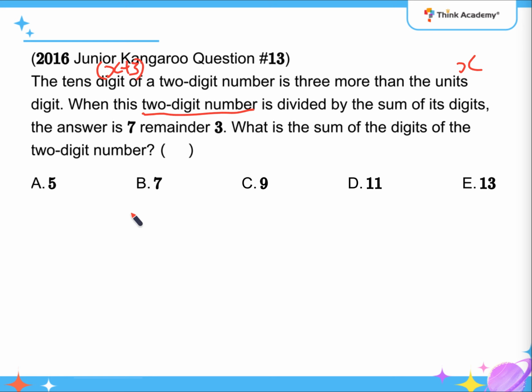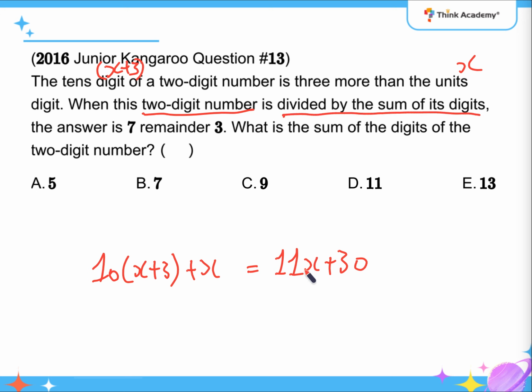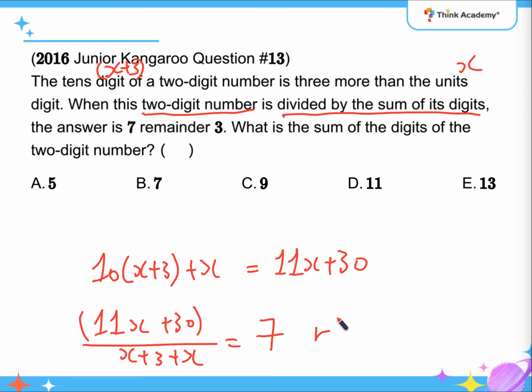So the two-digit number can be expressed as 10 times of x adding 3 adding x, which is equal to 11x adding 30. Now when it is divided by the sum of its digits, which is x adding 3 adding x, you get 7, but with a remainder of 3.